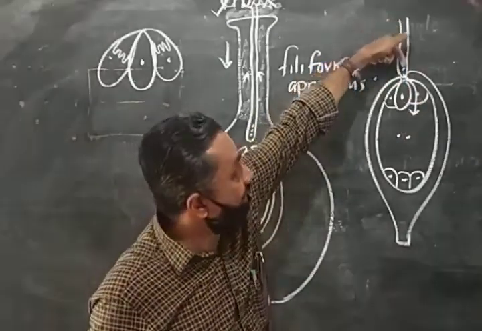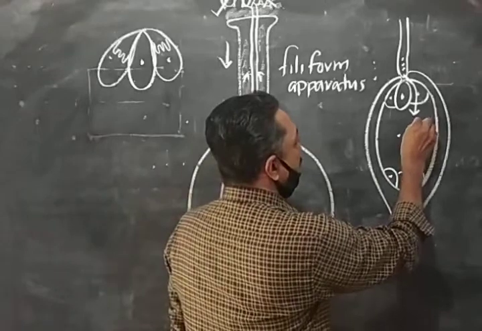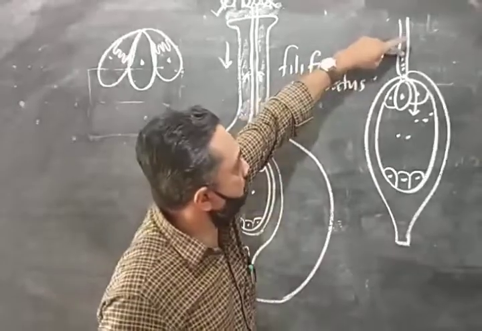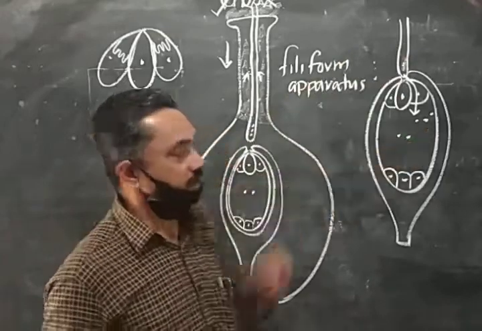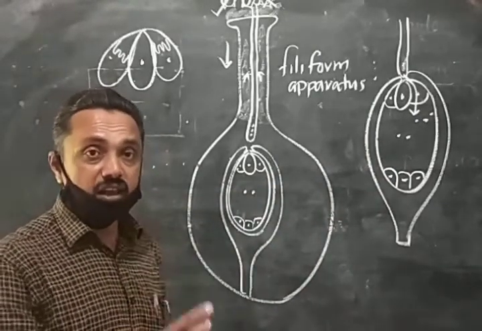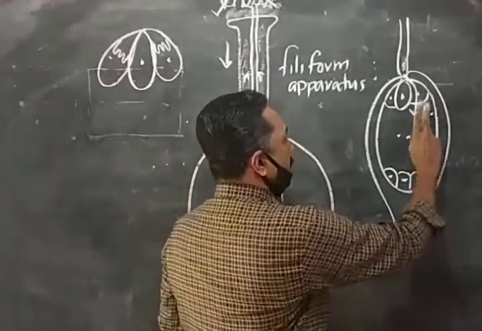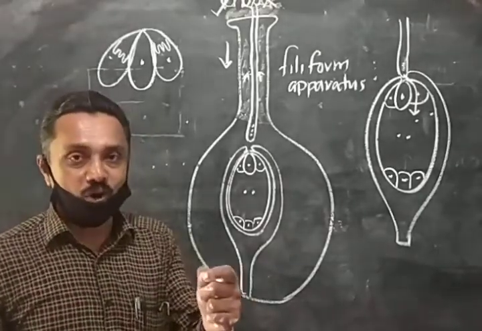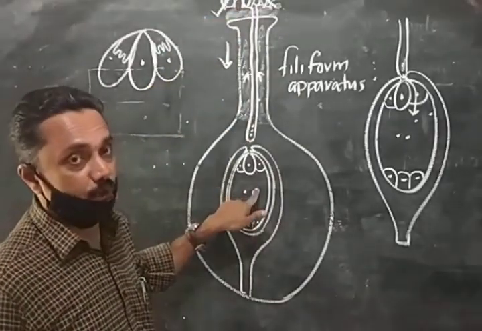So this pollen tube enters the embryo sac through a synergid and discharges the three nuclei into the embryo sac. See, three nuclei are there: the vegetative nucleus, then the two male nuclei reach the embryo sac. After reaching the embryo sac, the vegetative nucleus disappears, because the role of the vegetative nucleus or tube nucleus is to lead the male gametes, the male nuclei, into the embryo sac.